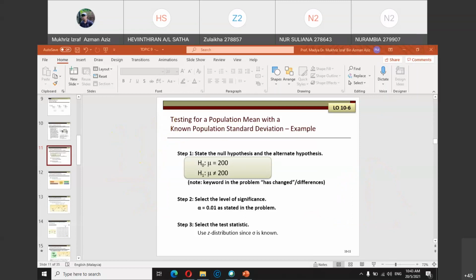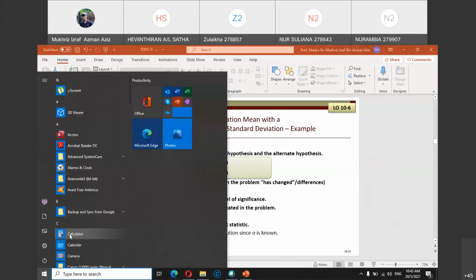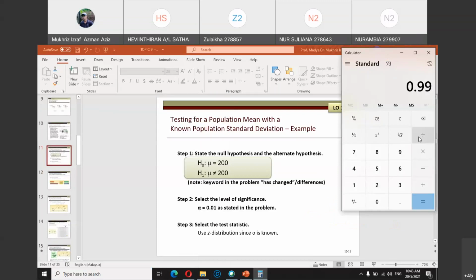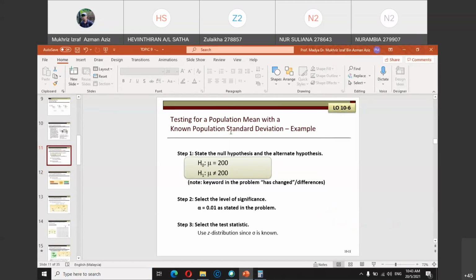0.99 divided by 2 gives you 0.495. So the next step is that you refer to the Z table for the value closest to 0.495, correct? That is how you did it in the previous chapter.